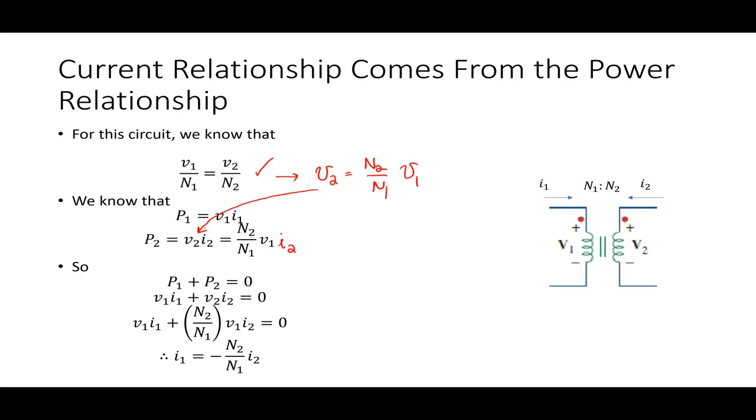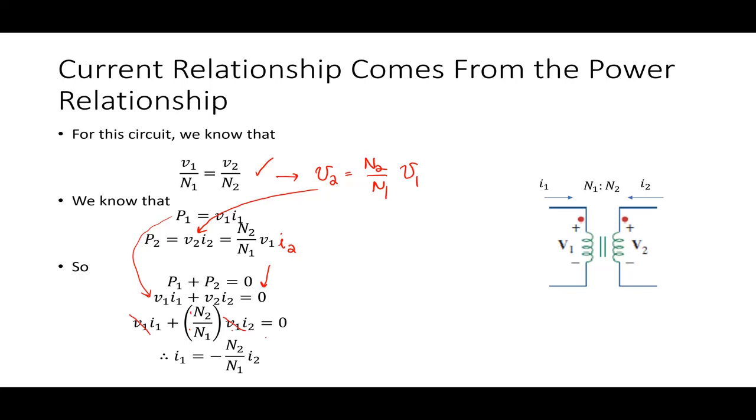So I say that P2 equals V2 I2, or it equals N2 over N1 times V1 times I2, okay? So with that, I go back to this relationship, right? So I plug in P1 equals V1 I1, and I plug in P2 equals N2 over N1 times V1 times I2. The V1s cancel, and I get that I1 equals negative N2 over N1 times I2.